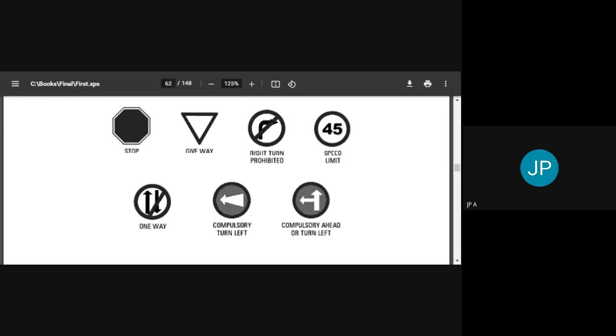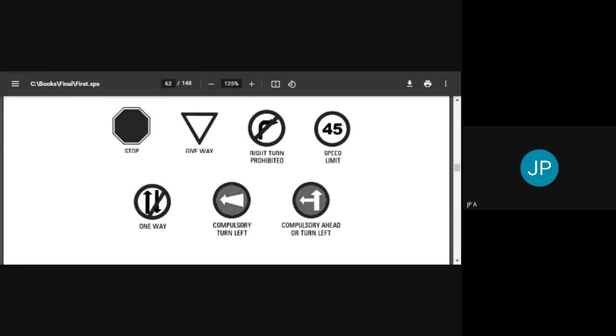That is the meaning of 45 within a circle. 45 within a circle indicates that you must limit your speed to, yes, very good, Krishna. You should limit your speed to 45 kilometers per hour.